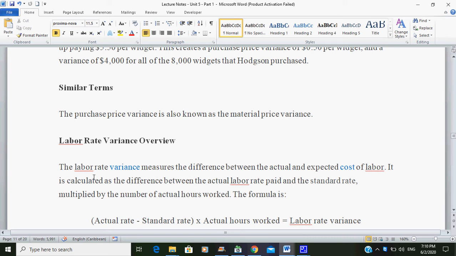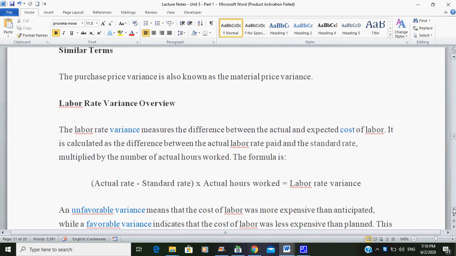The formula is as follows: actual rate minus standard rate times actual hours worked equals labor rate variance. An unfavorable variance means that the cost of labor was more expensive than anticipated, while a favorable variance indicates that the cost of labor was less expensive than planned.